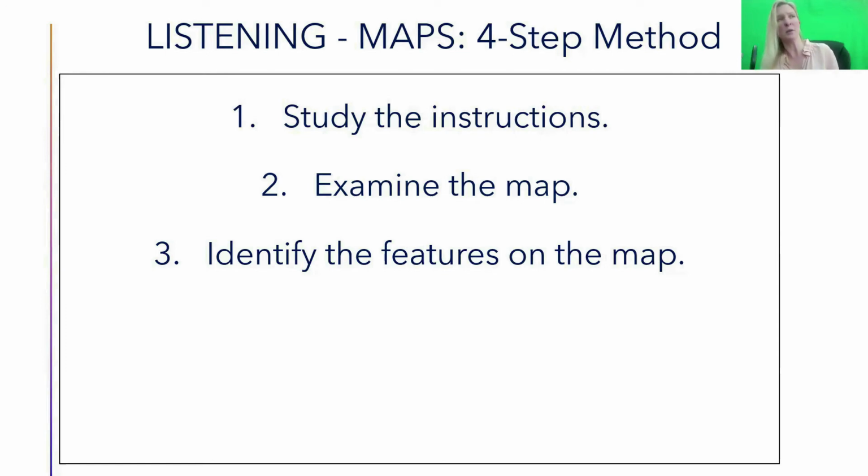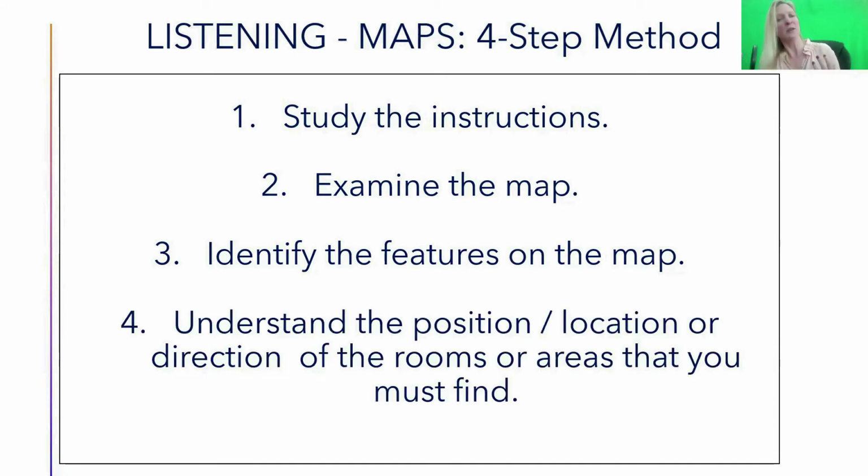Are they buildings? Are they parks? So try to understand what's missing so that you can listen out for the words that represent those features. And then finally, try to understand the position and the location of those spaces in relation to the other spaces that you know. So what is beside the Middle Ages, or what is behind another space or in front of?